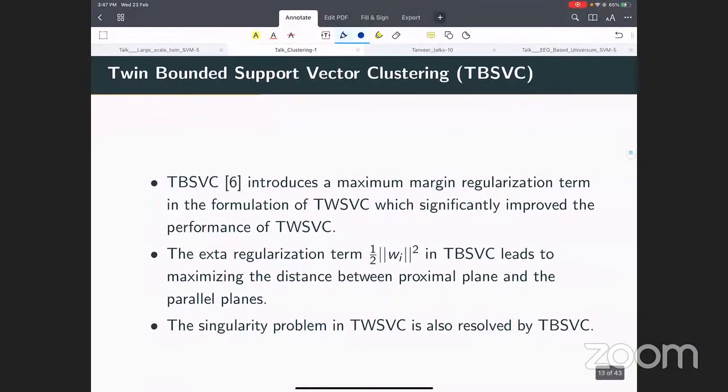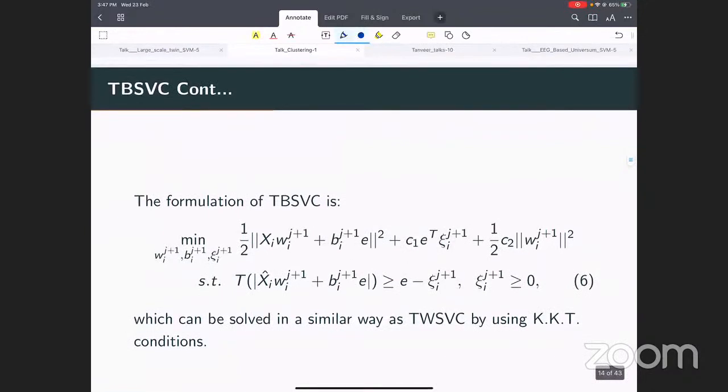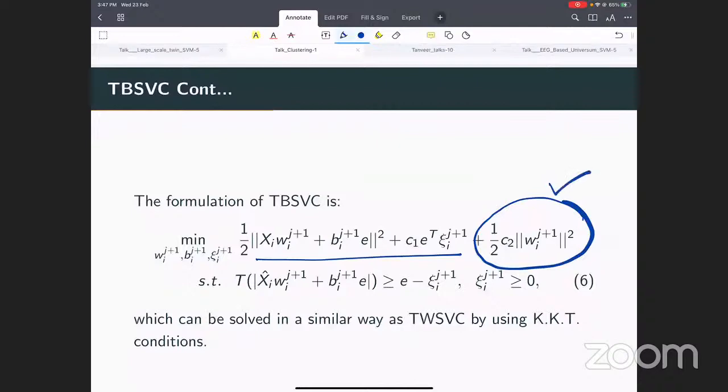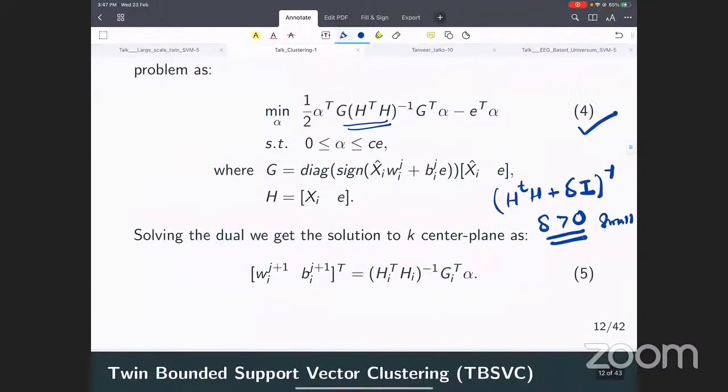The same idea is introduced for the twin bounded support vector machine for clustering problems. In twin bounded, they introduced an extra regularization term in the objective function. Due to this, the issue mentioned here is automatically resolved.